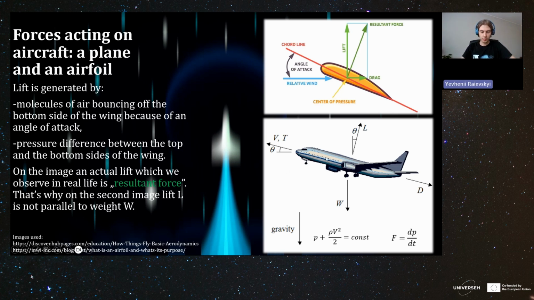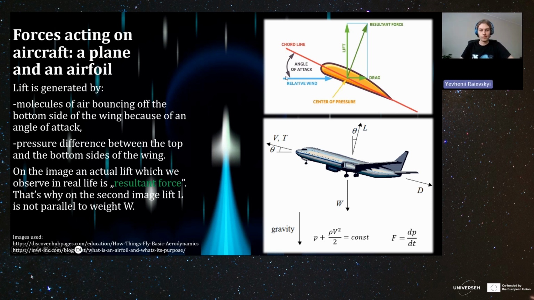The airplane goes to the left, and the relative wind, so molecules, to the right. They have opposite direction, and the wing itself, or we could say the chord line, represented here in red color, isn't parallel to this relative wind. There's always some angle. This angle is called the angle of attack.